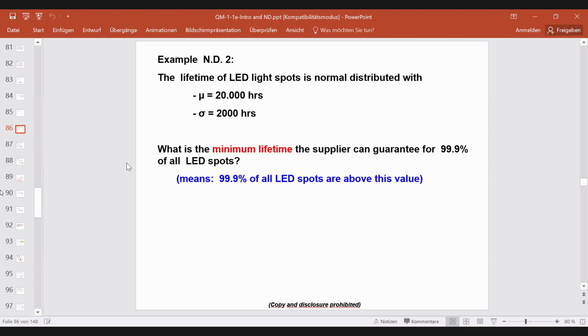Here again, another example, the lifetime of LED light spots. LED light spots are normally distributed, and you have a mu of 20,000 hours and a sigma of 2,000 hours. What is the minimum lifetime the supplier can guarantee for 99.9% of all the LED spots?